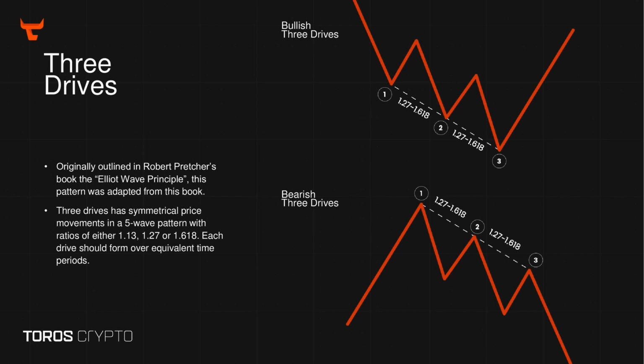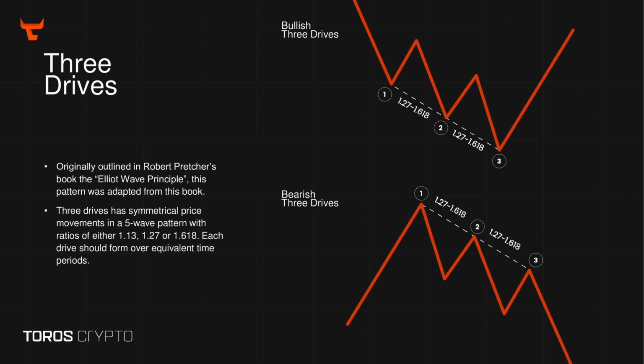This pattern was adapted from his book by Scott Carney, and the idea of this 3 drives pattern is you're coming down, then you retrace up, come down, retrace up, come down, retrace up, and so you have these 3 points of these 3 drives down for a bullish pattern, and obviously you have 3 drives up, so you have these 3 points continuing upwards for the bearish 3 drives, which comes down.